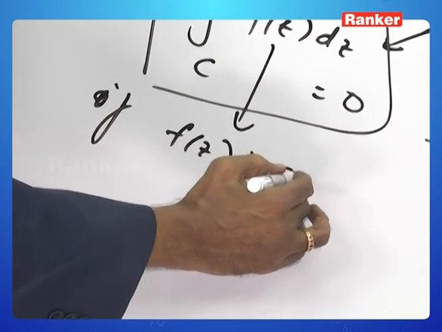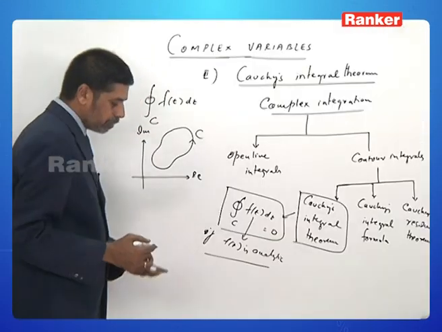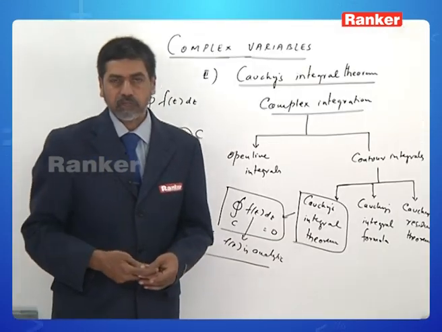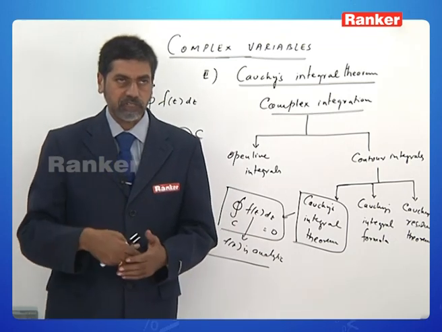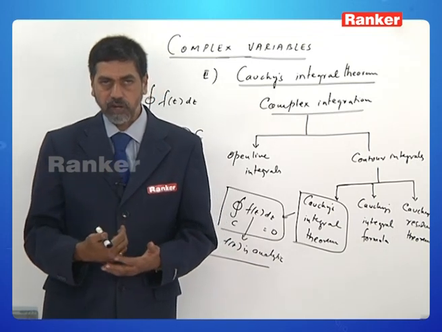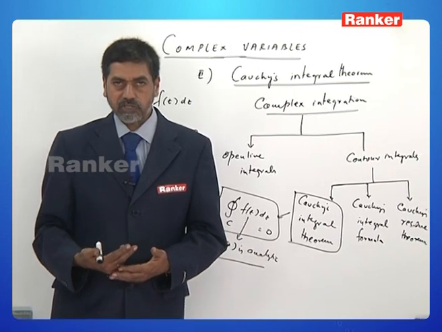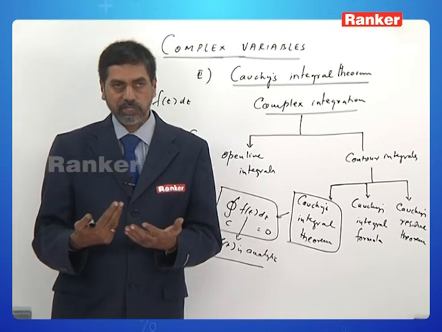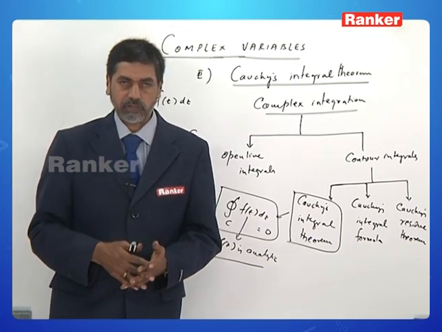What do you mean by an analytic function? A function is said to be analytic when it has no singularities in the given region. A singularity is a value of z which will make the function undefined. For example, if you take f of z is equal to 1 by z plus 1, we say it has a singularity at z is equal to minus 1.